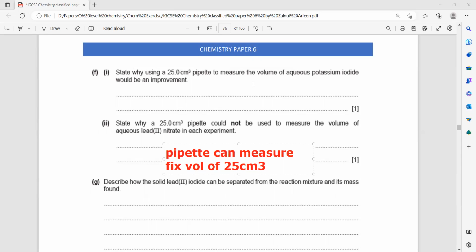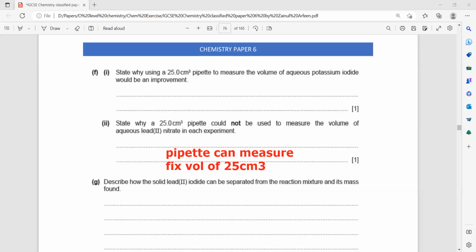Describe how solid lead iodide can be separated from a reaction mixture and its mass found. What should we do? We should filter the reaction mixture, then wash it with distilled water, then dry it in the folds of filter paper, and then we can measure the mass by electronic balance.